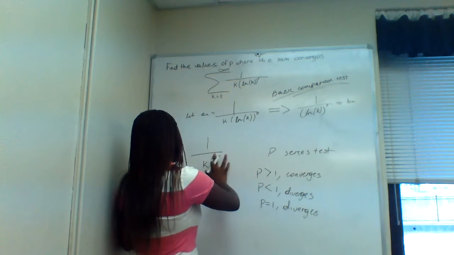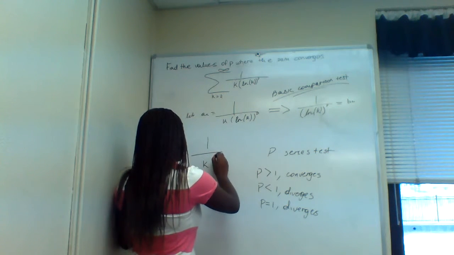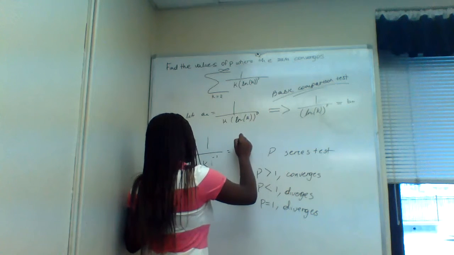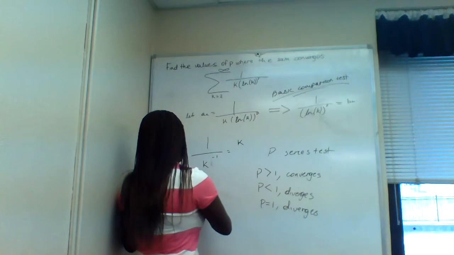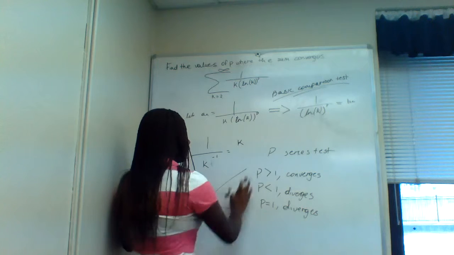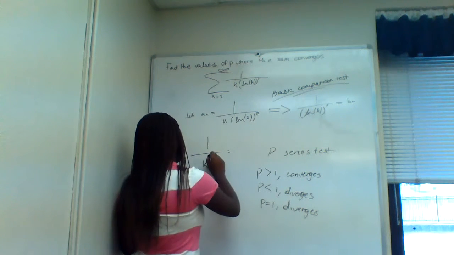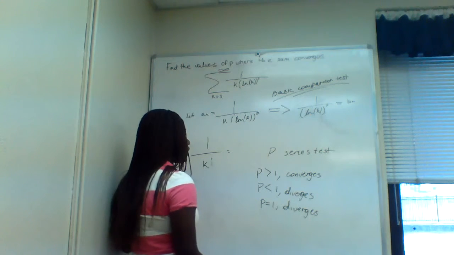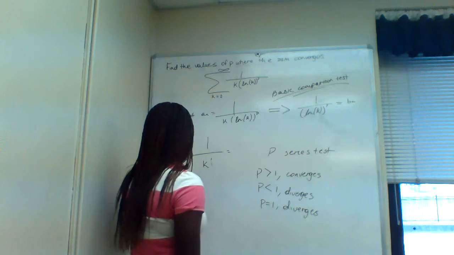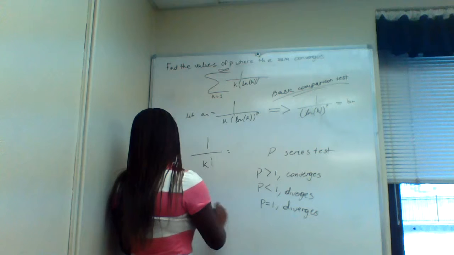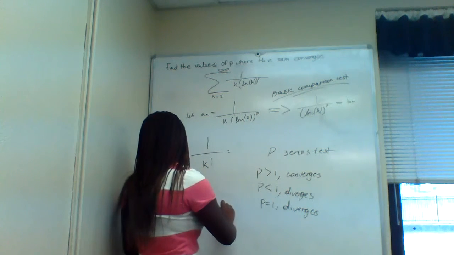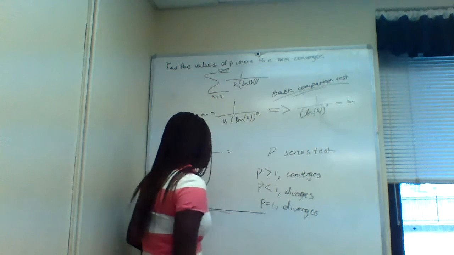If p was negative 1, we would have k, and that obviously just goes on and on to infinity. If p is 1, that'd be 1 over k, and using 1 over k, it goes kind of like this, and it just needs to go on.